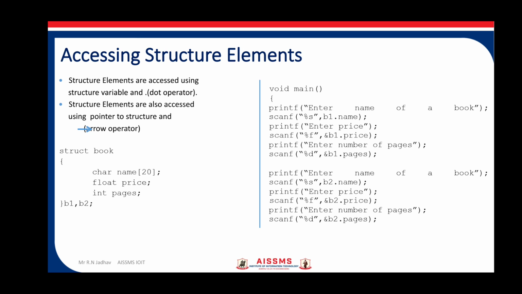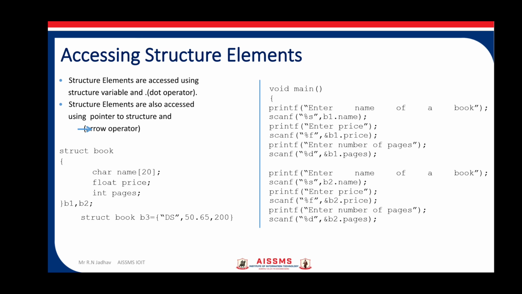Similarly, I can read it for book number 2 by using the dot operator, and to the left I have the variable, and to the right I have the element. You can also initialize the structure by using a statement like this: struct book b3, and here you can initialize the values.